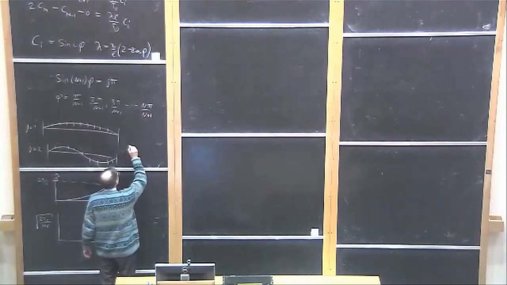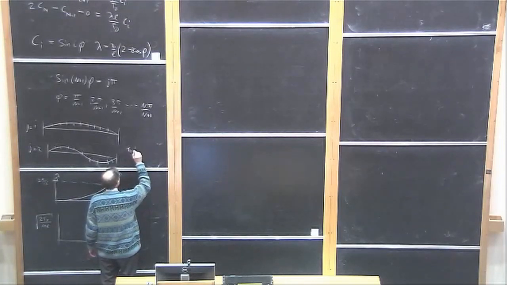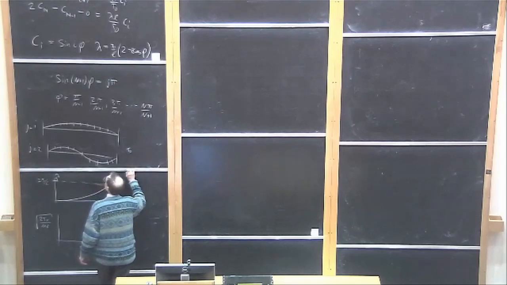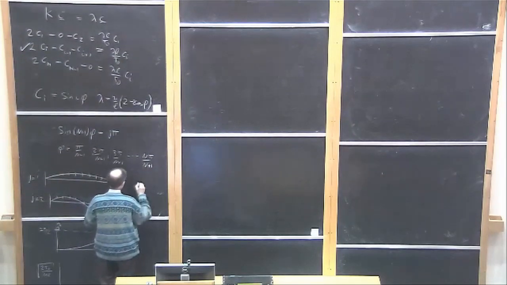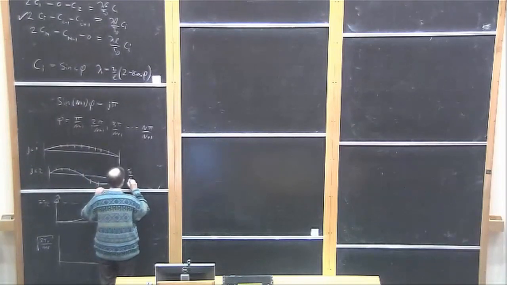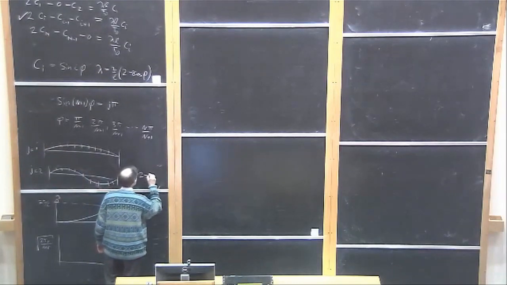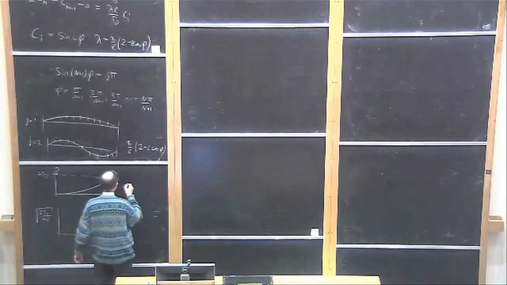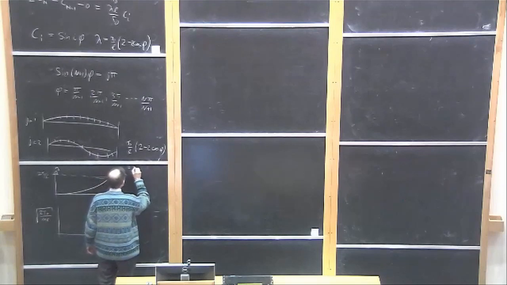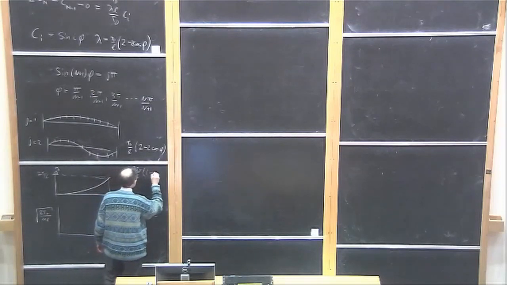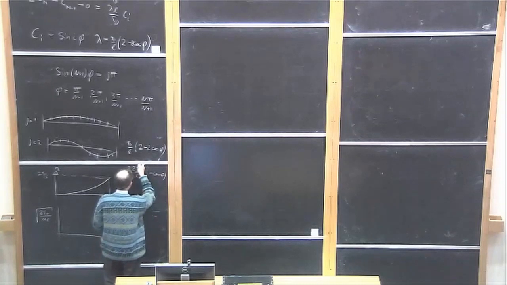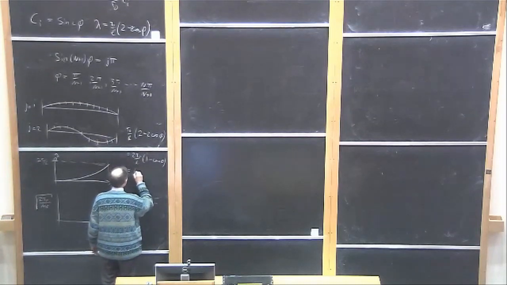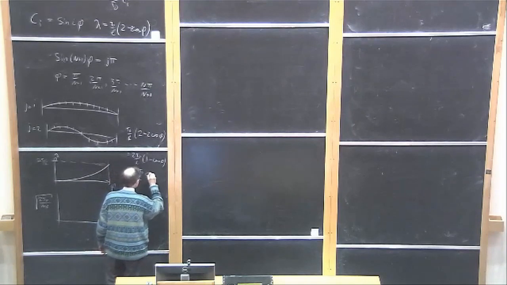So this is the square root of T0 over L times (2 minus 2 cos phi). This is 2 T0 over L times (1 minus cos phi), which is 4 T0 over L sine squared of phi over 2.